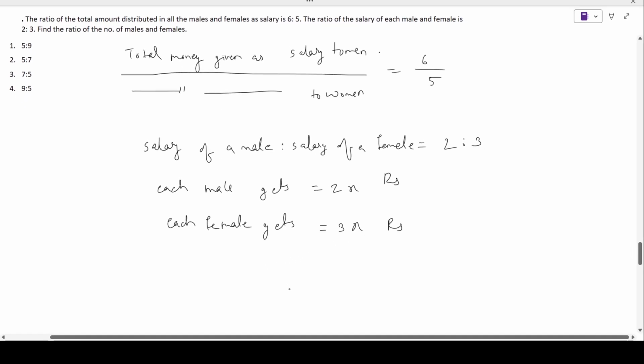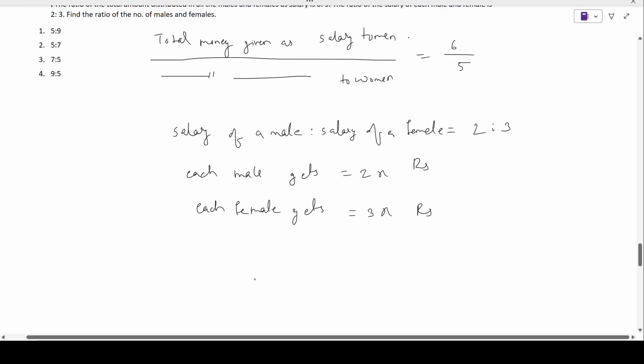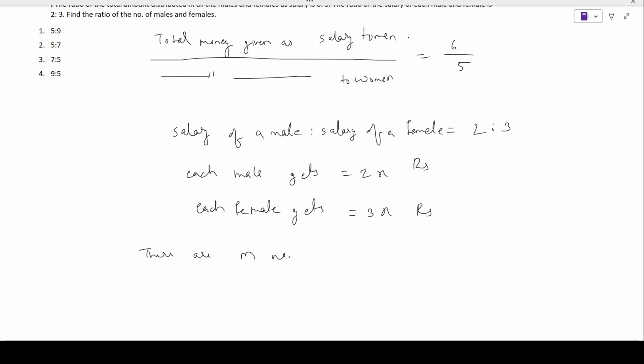So now let us suppose there are m number of males and there are f number of females.